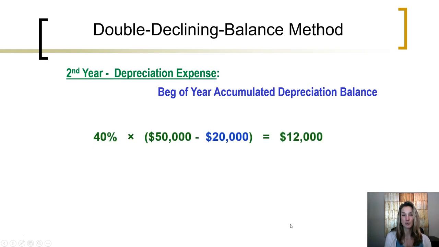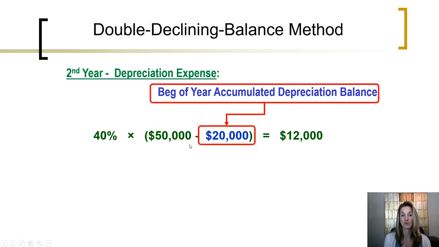For year two's depreciation expense on this equipment, we take the double declining balance rate, which doesn't change. It stays the same, so we don't need to recalculate it every year. We take that rate of 40% and multiply it by year two's beginning of the year book value. The cost was $50,000.